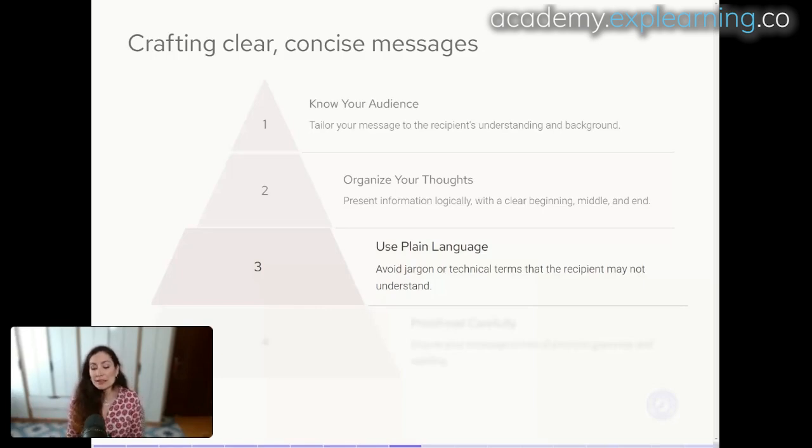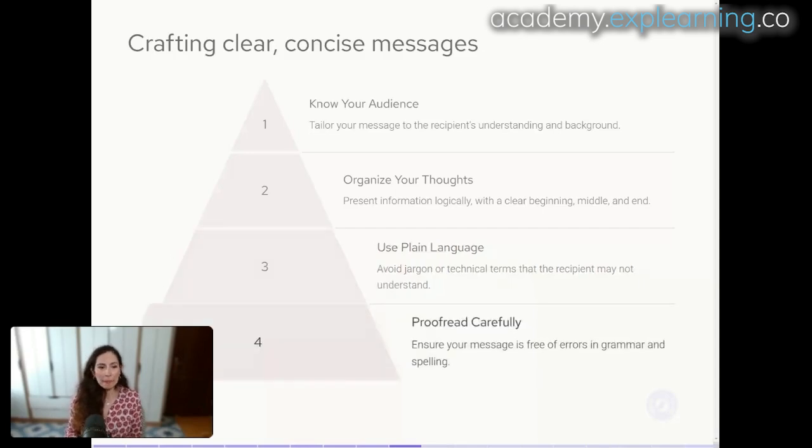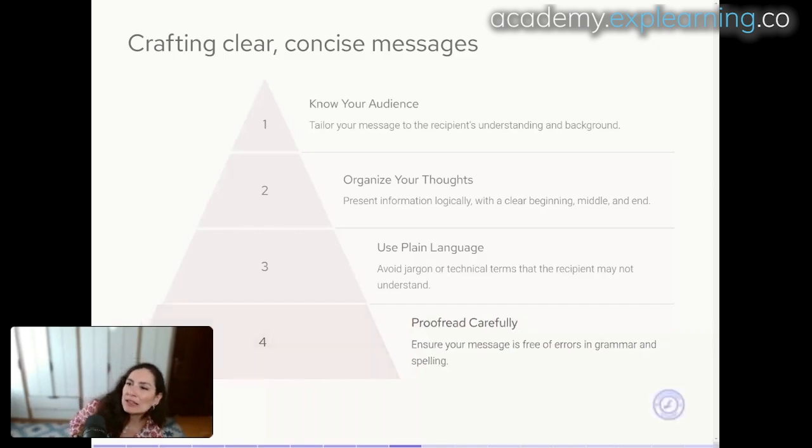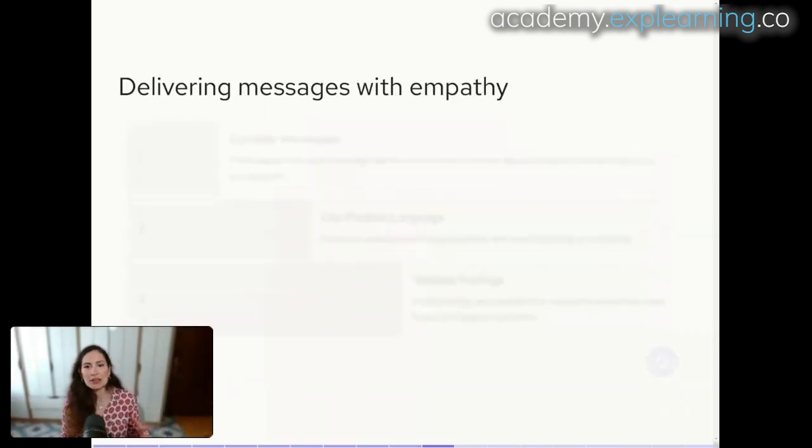So simple is best, really, okay? And then if you're using a text-based form of communication, whether it be Slack messages, WhatsApps, texts, written communication like email, and so on and so forth, make sure that your communication is very clear and doesn't have any grammatical errors or spelling mistakes, because it reduces the level of professionalism.